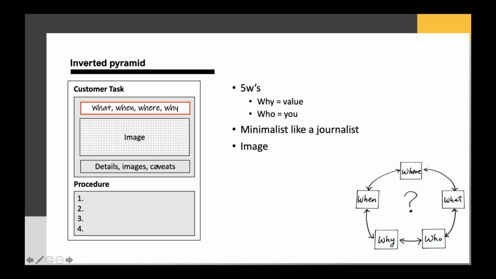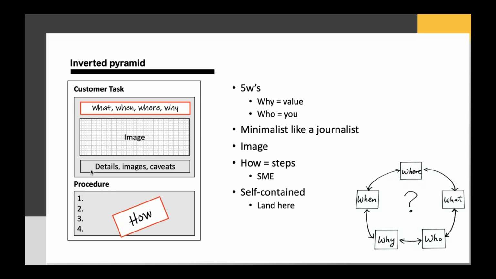Okay, and then down at the bottom of your inverted pyramid are your details, perhaps some caveats, perhaps some more images, and so on. And then there's the procedure, and the procedure is the how, right? Those are the steps that you put, and that's the SME, and that's when you talk to the engineers, right?